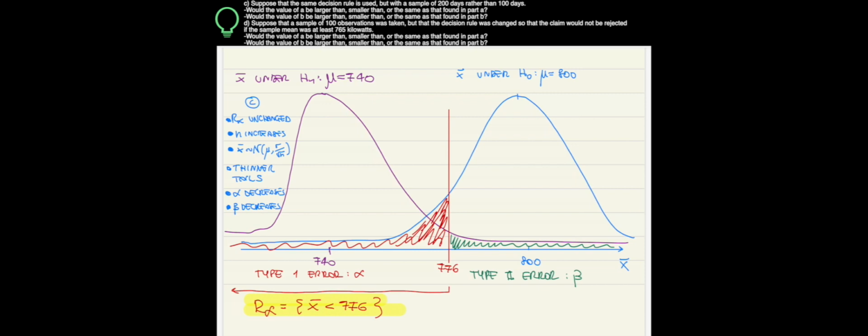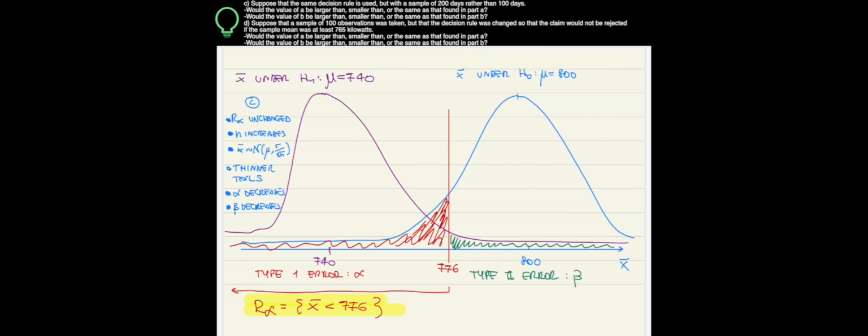But the decision rule was changed. So we changed the critical region so that the claim would not be rejected if the sample mean was at least 765. So this time the critical region is changed.